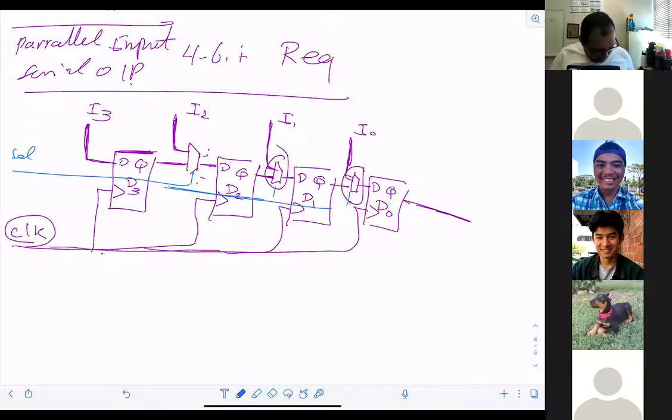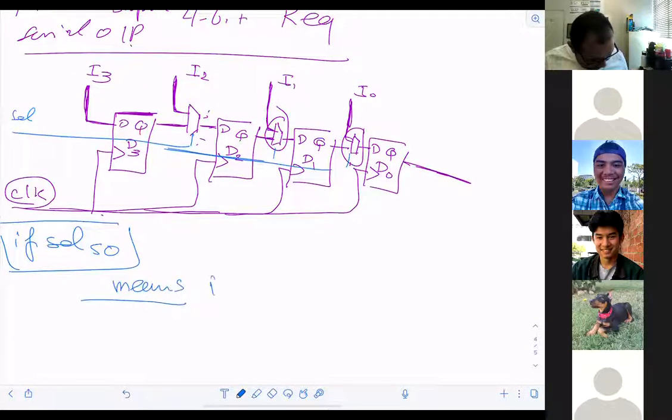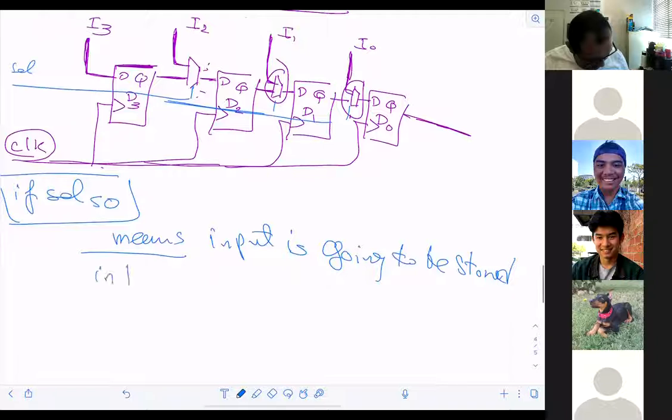Just write select. So if select equals 0, it means input is going to be stored in the register, right?